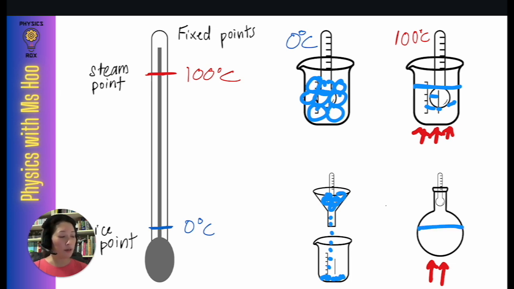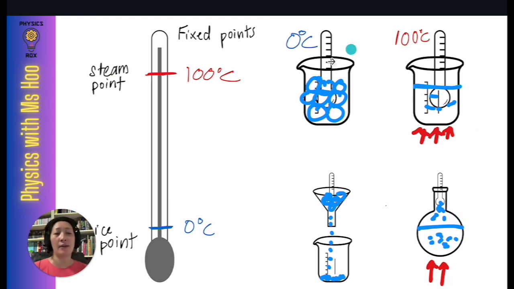Why? Because when the water starts to boil, then of course the water turns to steam, and steam would be at 100 degrees Celsius. That means within this round bottom flask, as we heat up the water, when the water turns to steam, the thermometer will be able to measure the temperature of the steam, and that would guarantee that the thermometer is actually measuring 100 degrees Celsius.